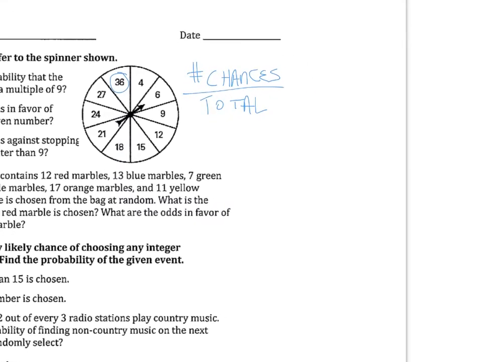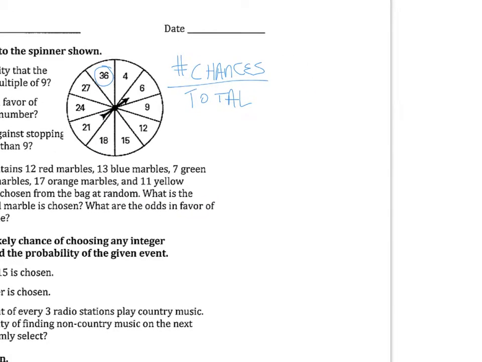Let's shrink down and work over here to the side again. So for odds, it's going to be the number in favor that you're looking for, in this case even numbers, over the number that it's not in favor of. Basically just the remaining numbers that you have.